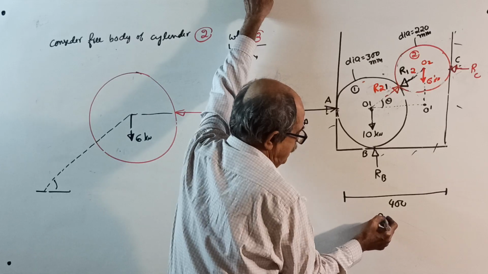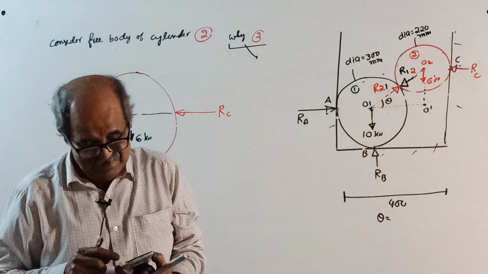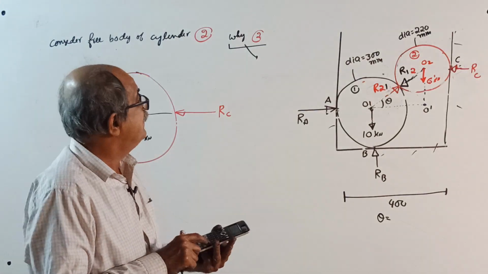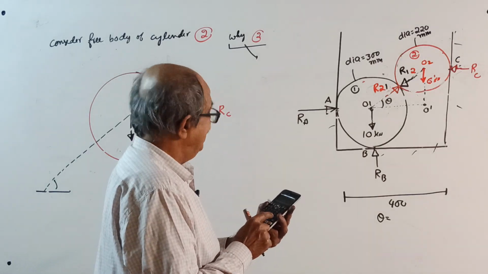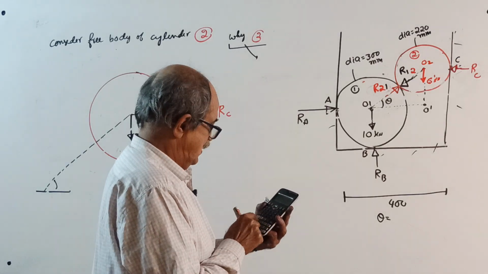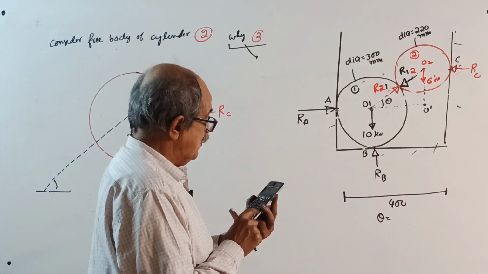Now, same problem, again I have to calculate. It is 140, correct? 400 minus 150 minus 110 is 140.